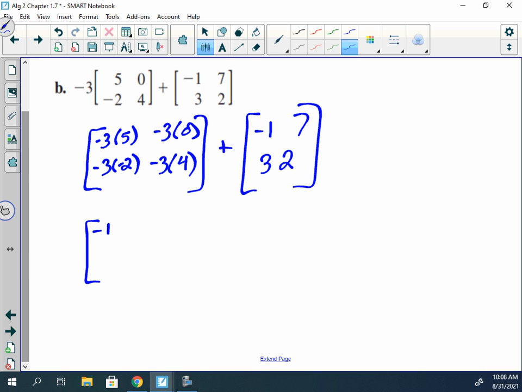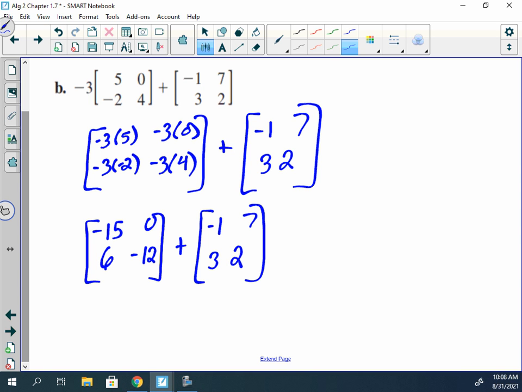Negative 3 times 5 is negative 15. Negative 3 times 0 is 0. Negative 3 times negative 2 is positive 6. And negative 3 times 4 is negative 12. Question?